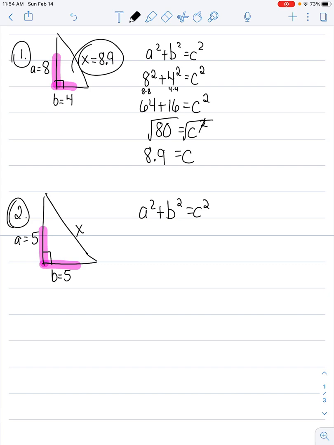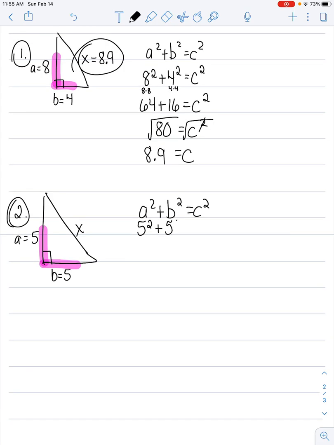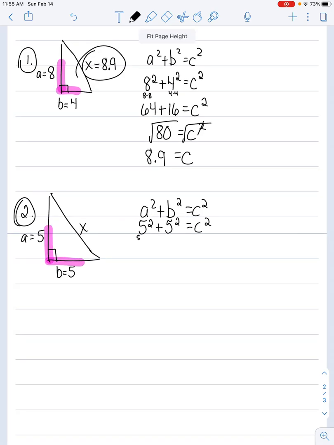Next, I said A was 5, so 5 squared. I said b was 5, also 5 squared, equals c squared. Well, 5 squared, or 5 times 5, is 25, plus 5 squared, again that means 5 times 5 is 25, equals c squared. Now I add 25 plus 25 is 50, equals c squared.